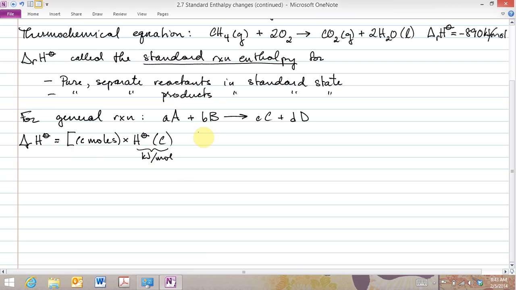So we add up the products, and from the sum of the enthalpies of the products, we subtract the sum of the enthalpies of the reactants.